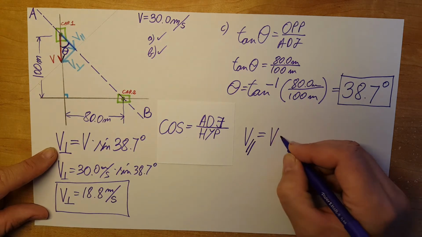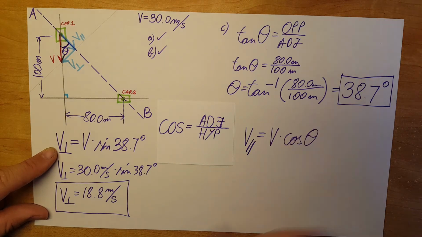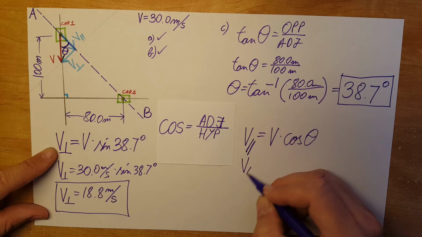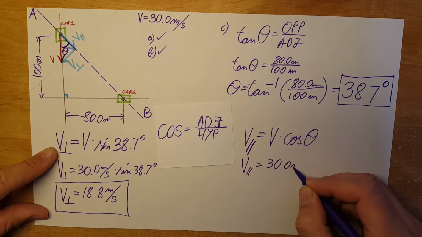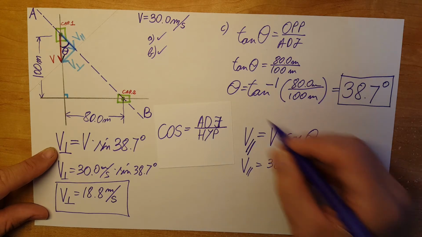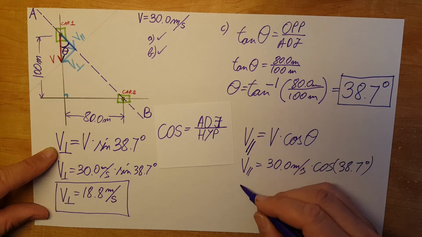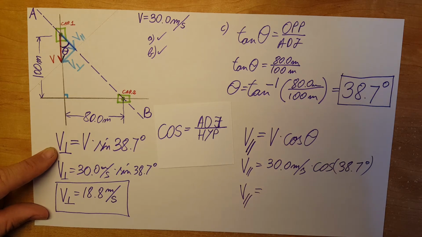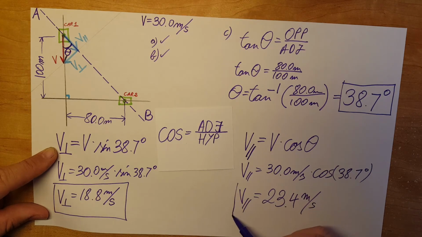So it's gonna be v times cosine of theta, and then let's plug in v is 30 meters per second times cosine of 38.7, and with a calculator we're gonna get a value of 23.4 meters per second.